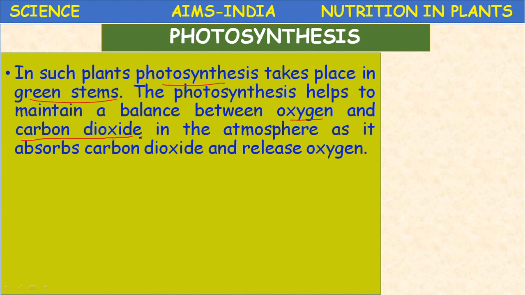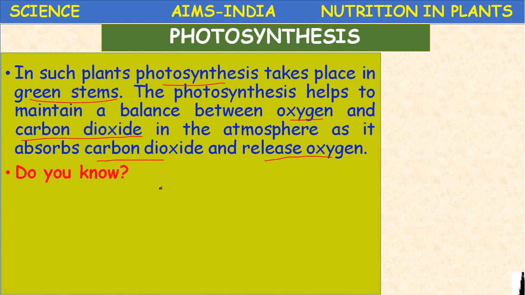It is the advantage of photosynthesis. The percentage of carbon dioxide and oxygen in the atmosphere is maintained in balance. By which process? By photosynthesis. How? Because during photosynthesis carbon dioxide is absorbed and oxygen is released.